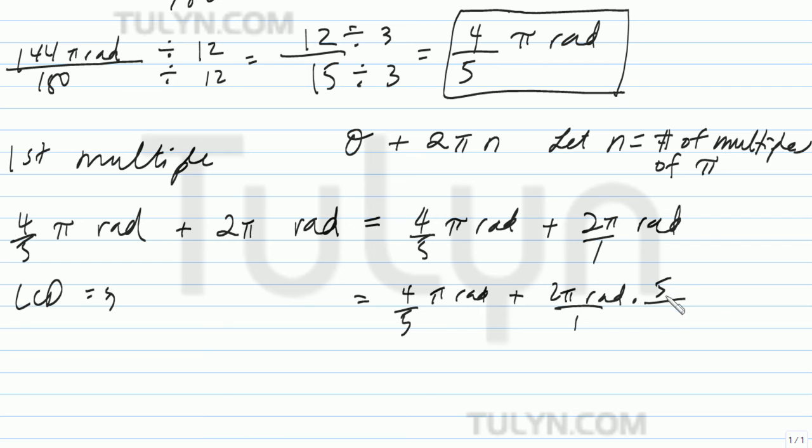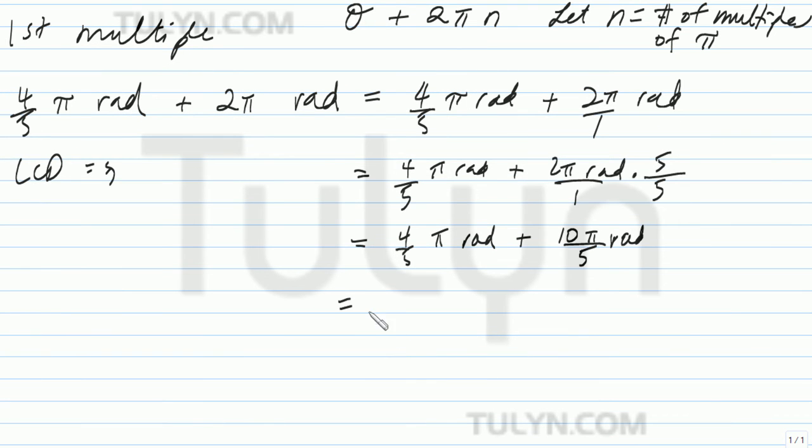So multiply by 5 over 5. And you get 4/5 pi radian plus 2 pi times 5, which is 10 pi radian over 5. So then add your numerators. 4 pi radian plus 10 pi radian is 14 pi radian over the same denominator. Remember that when you're adding fractions, just add numerators and keep the same denominator. So the first multiple will be 14/5 pi radian.